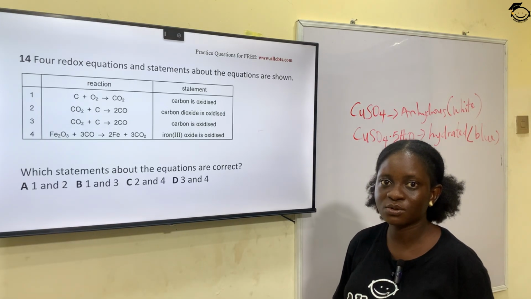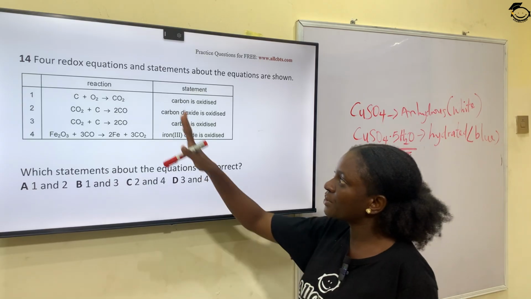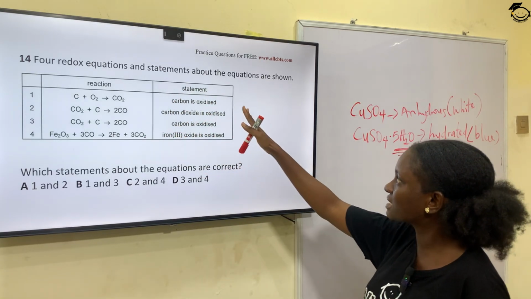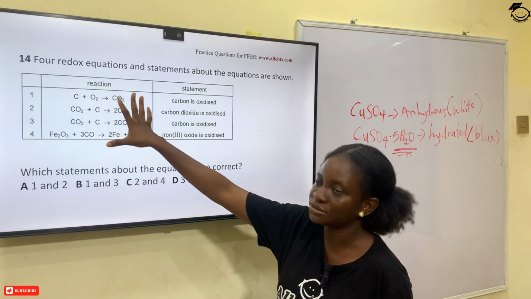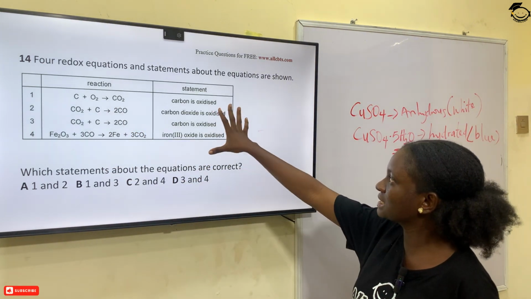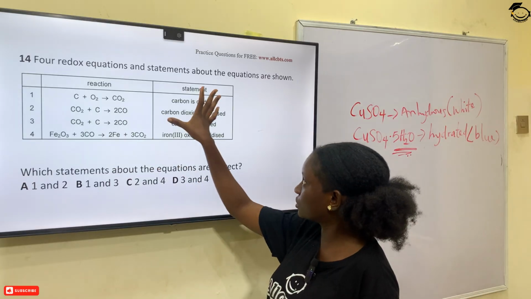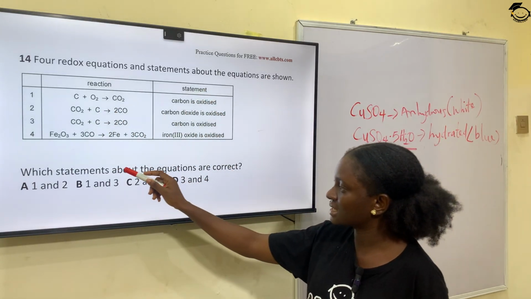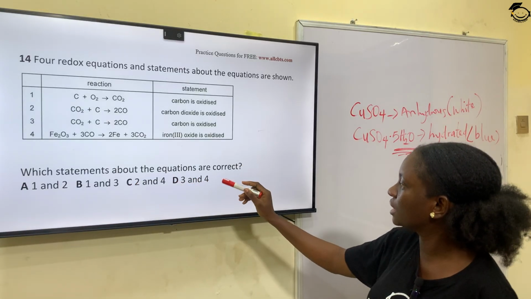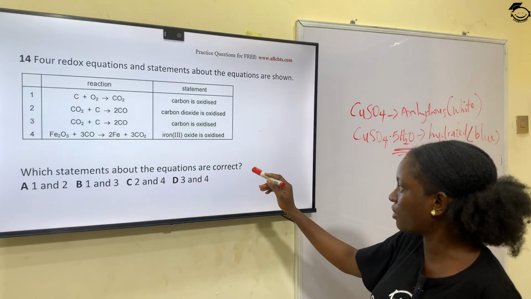Next question, question 14. Redox reactions and statements about the equation as shown. This is the reaction here, and this statement is what is happening in this reaction. Which statements about the equations are correct?